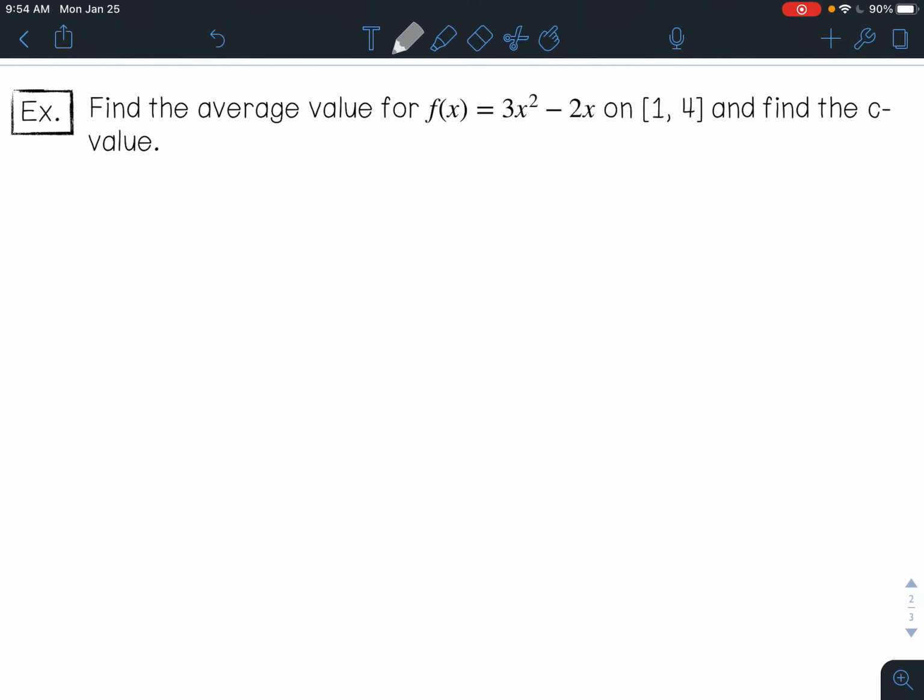So we're going to do a couple of examples. The first thing we're going to do is find the average value for f of x equals 3x squared minus 2x on the interval from 1 to 4, and then we're going to find the c value. So two parts here. The first thing we're going to say is, the average value is equal to 1 over b minus a, so 4 minus 1, times the integral from 1 to 4 of my function.